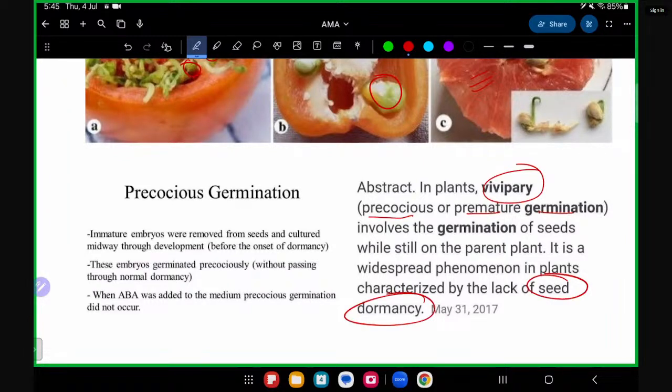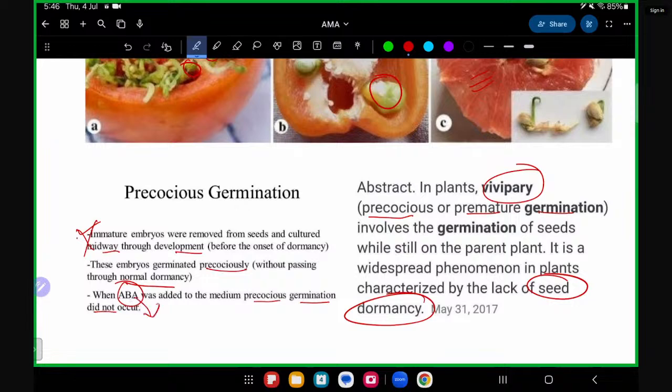What is written here? The immature embryos were removed from the seed and cultured midway through the development. The embryos germinated precociously, that is, without passing through the normal dormancy. When ABA, that is abscisic acid, was added to the medium, then precocious germination didn't occur.